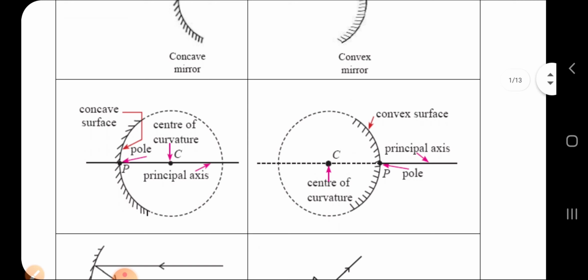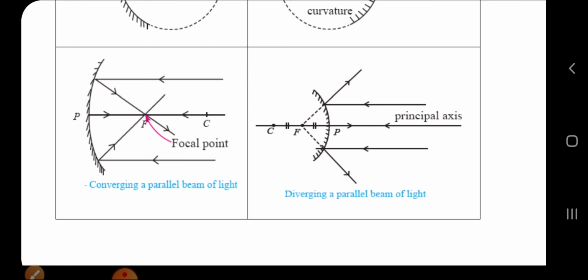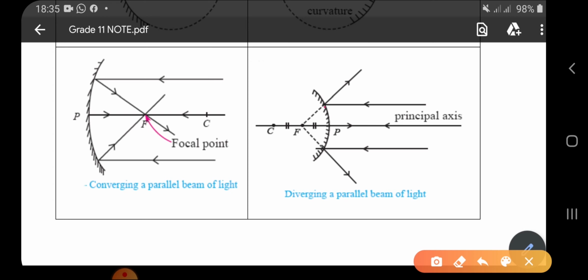We call the midpoint of the center of the curvature and the pole the focal point. If you draw an imaginary line here in between the center of curvature and the pole, you can get the focal point, right?